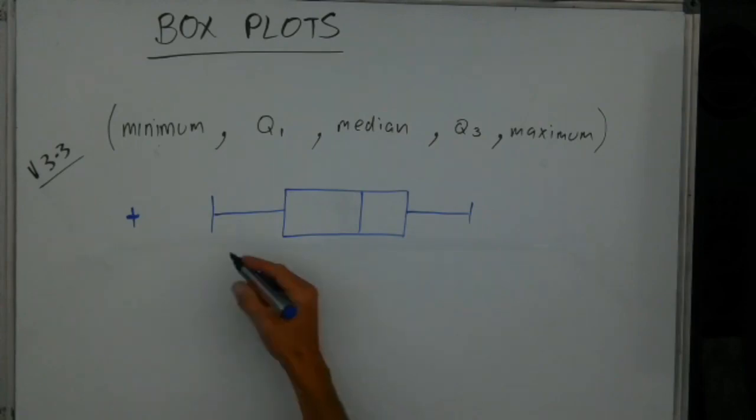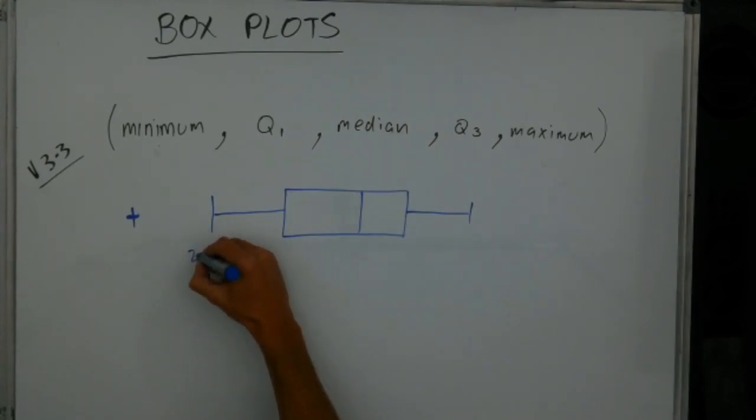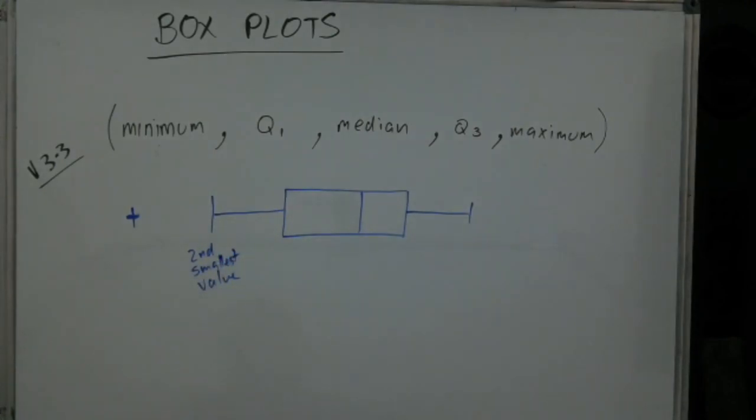So this would be the second smallest value. I think that's probably the best way to say it.